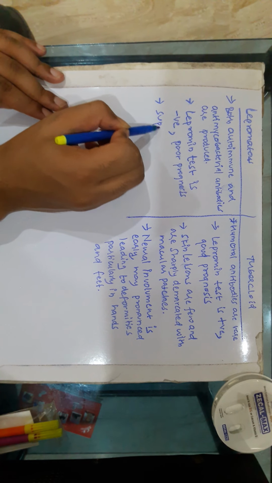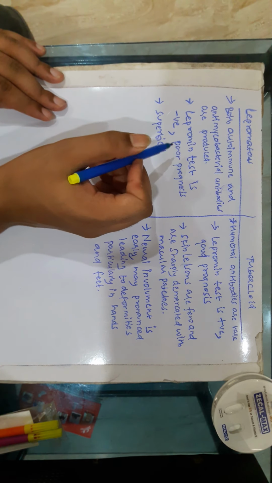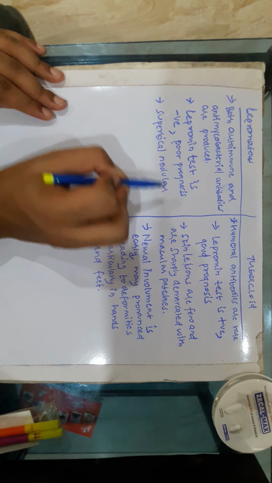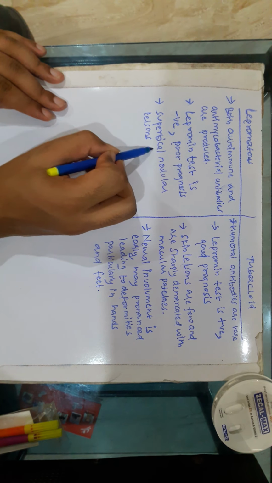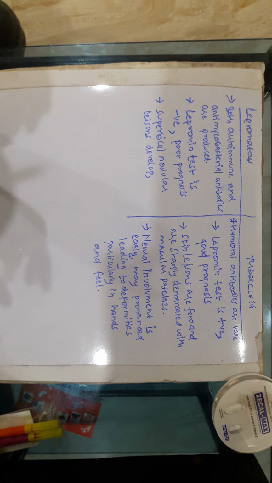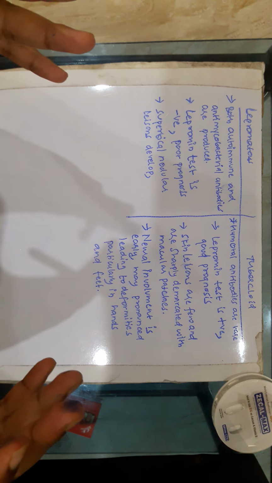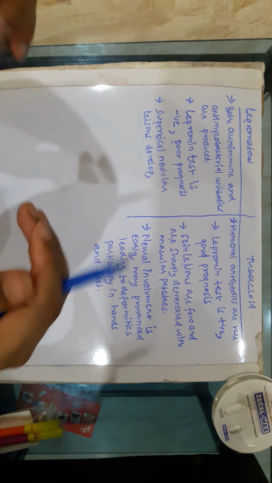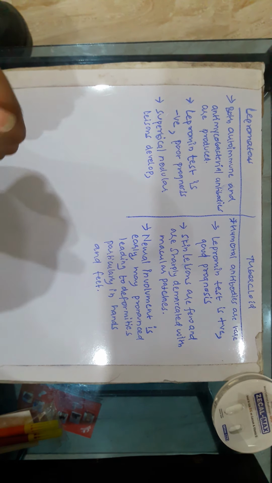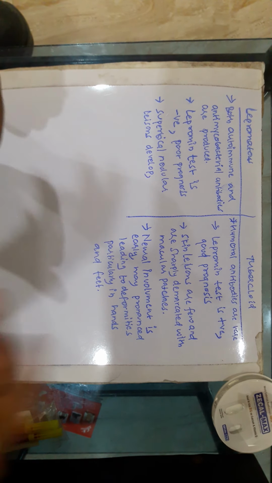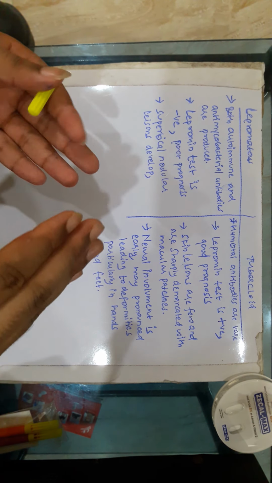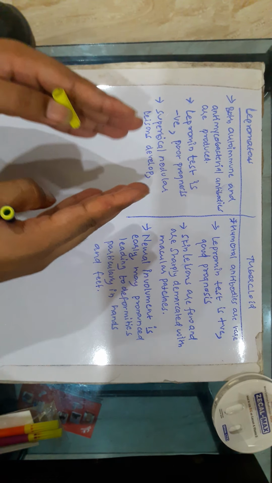So superficial nodular lesions develop, and these lesions have granulation tissue, which consists of a dense collection of vacuolated cells, and these vacuolated cells are in different stages of development, from mononuclear cells to lepra cells.